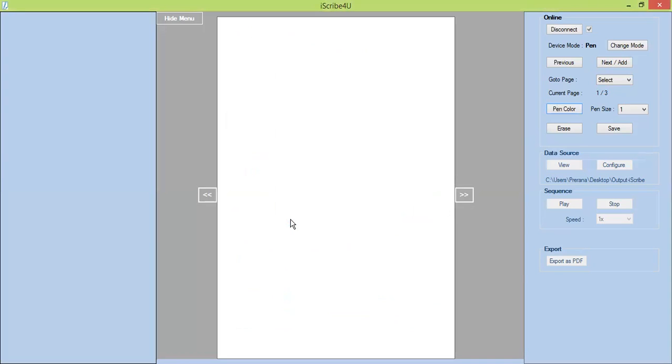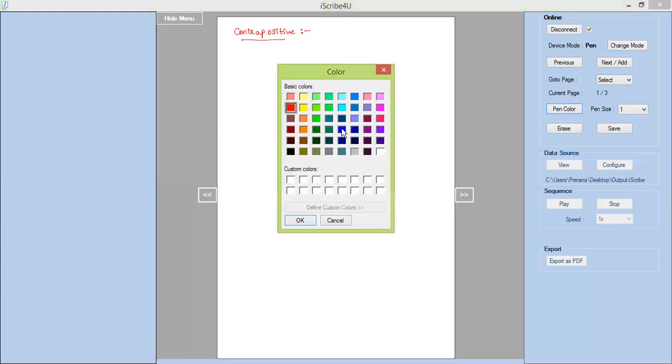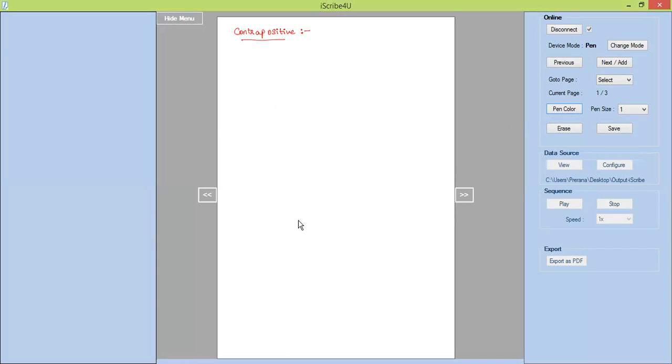Contrapositive we will write down now. As I mentioned, P conditional Q is the given conditional, so the contrapositive is given by negation Q conditional negation P.